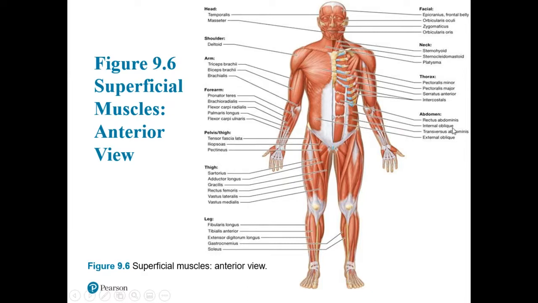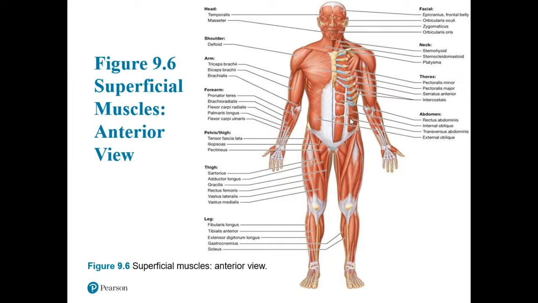Now the obliques, internal, external obliques, and transversus abdominis, those allow you to move your trunk and contract it, right? Flex it, but to the side. It allows you to do those side crunches. I'm sure there's a name for those, the crunches at an angle, right? If you know the name, tell me the name.